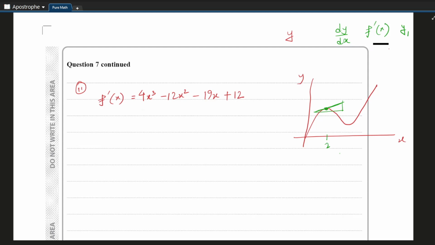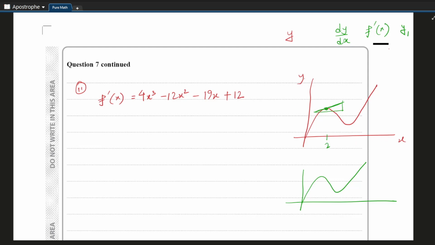Now what is the second derivative? Differentiation is gradient, or we could say rate of change. The first one was the rate of change of the value y when the value of x changes.